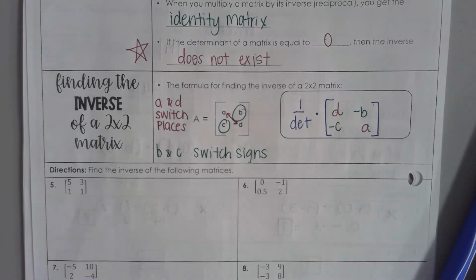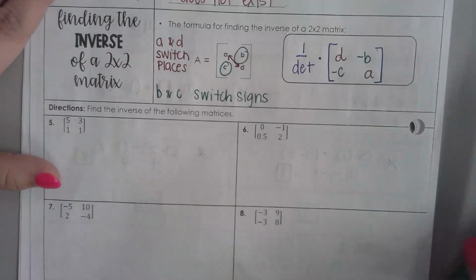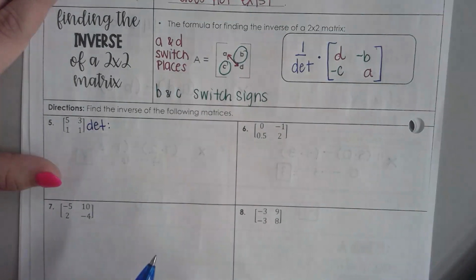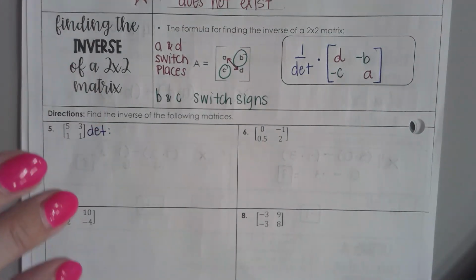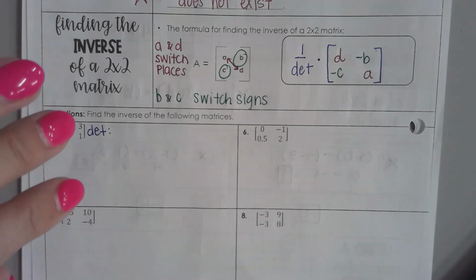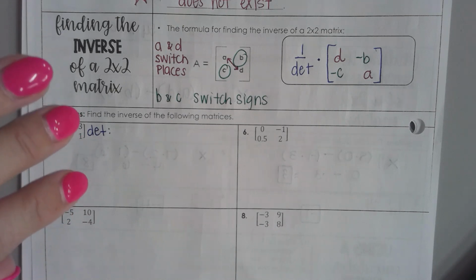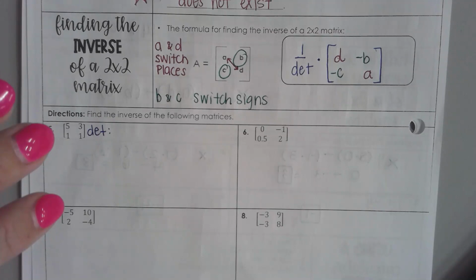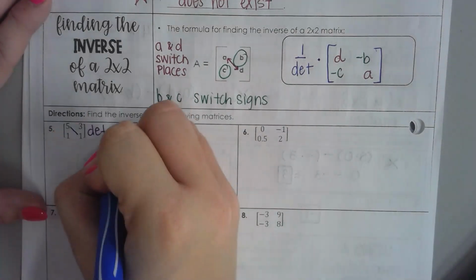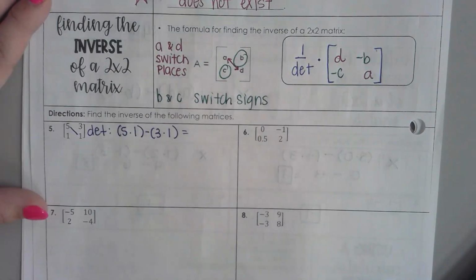So let's do a real example. Number 5, you have to start out by finding the determinant. Just find the determinant of the original. So you have 5 times 1 minus 3 times 1, which is 2.